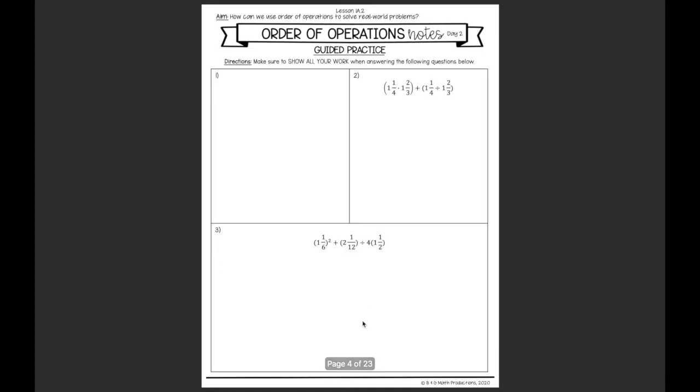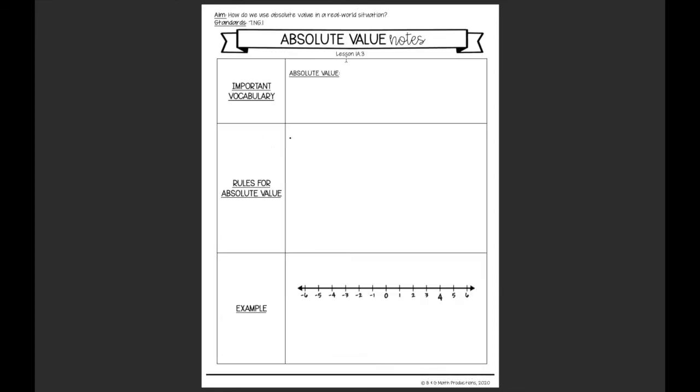This lesson itself is just a 1-pager. It has 2 days, so you see now the lesson is lesson 1A2, so now we have the second lesson. Again, same aim, we're just reviewing the material. Again, missing information, definitely want to watch the video. Here we have lesson 1A3, so we're at absolute value. The first page, all of it is just the lesson.